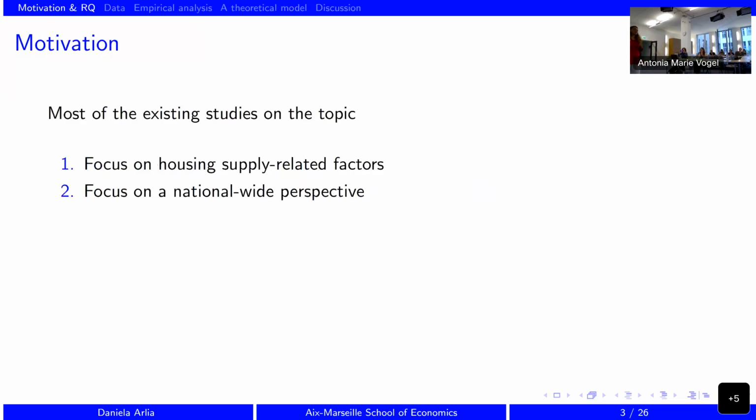Most of the existing literature in housing focuses on housing supply related factors related to the affordability problem, with a focus on a nationwide perspective.